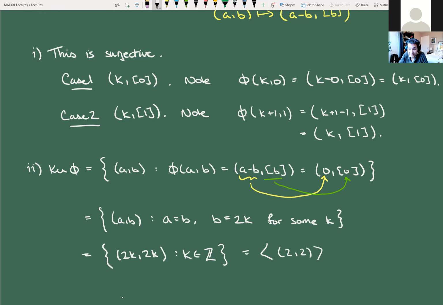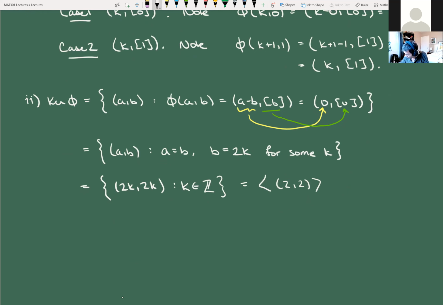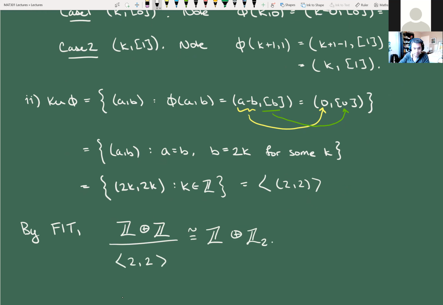So by the first isomorphism theorem, Z plus Z mod the subgroup generated by (2, 2) is isomorphic to Z plus Z2.